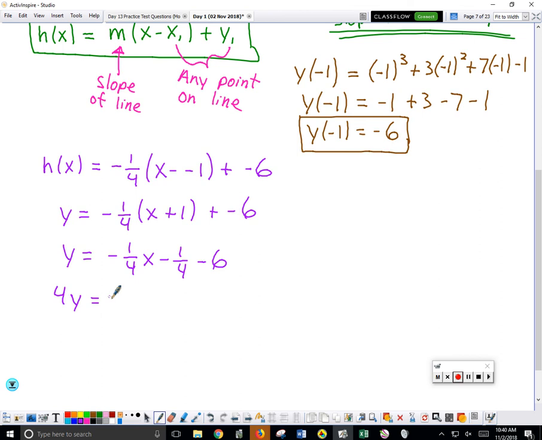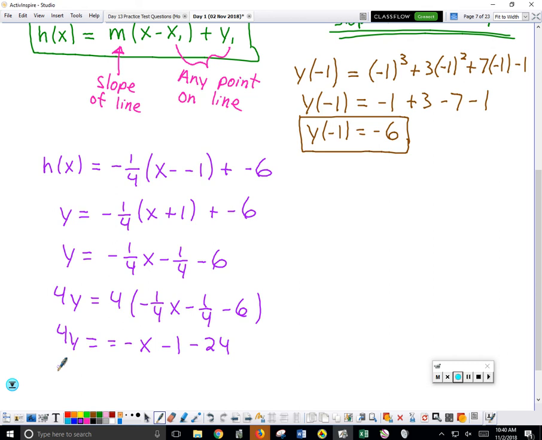4y equals -x minus 1, 4 minus 6. I'm just writing extra to make sure. So then you get 4y is equal to, just like you said, -x minus 1 minus 24.